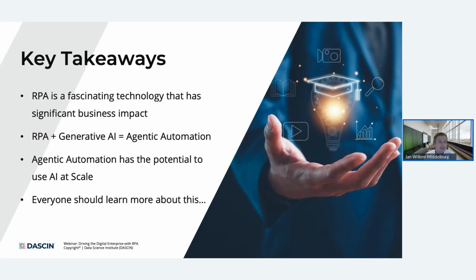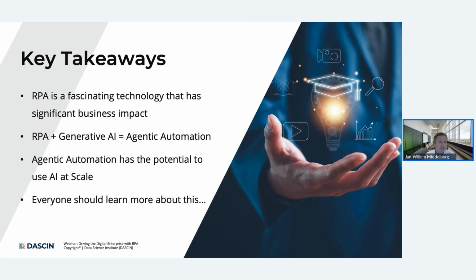And that has the potential not just to leverage the capabilities of AI that everyone is using and talking about, but to also do that at a scale and at a speed that we've not seen before. So one of the main things I hope you really take away from today's session is that the combination of RPA and generative AI technologies leads to agentic automation solutions, and that these agentic automation solutions have very strong and very significant business impact.